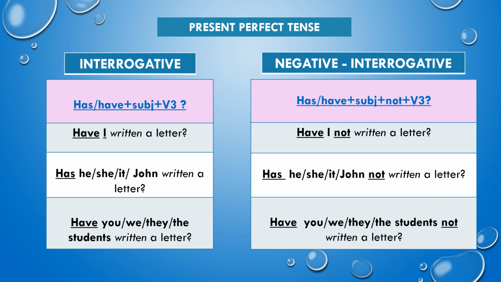So, just like the interrogative and negative interrogative forms before, has or have must be put at the beginning of a sentence, followed by the subject and the verb 3, which is the third form of the verb, followed by the object and closing it with the question mark sign, which also applies to the negative interrogative forms, but we have to add the word not in between the subject and the verb.